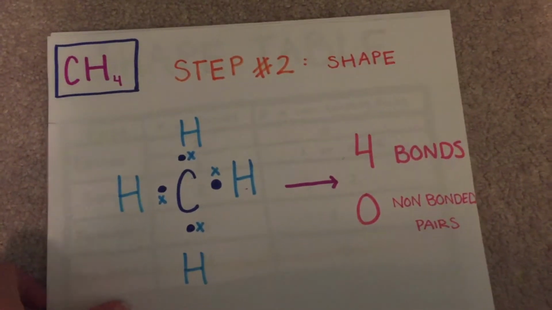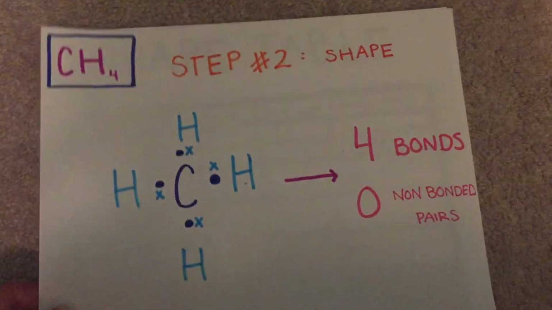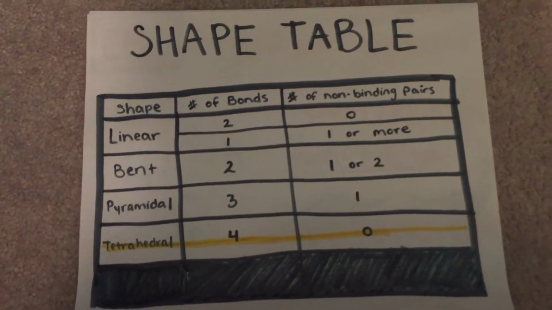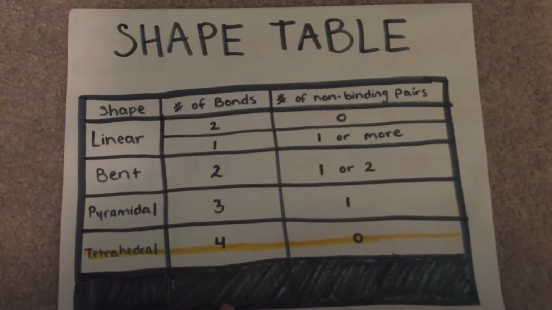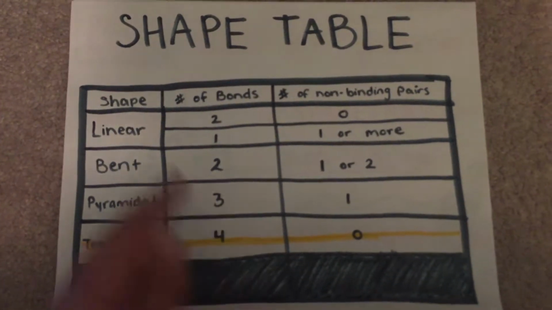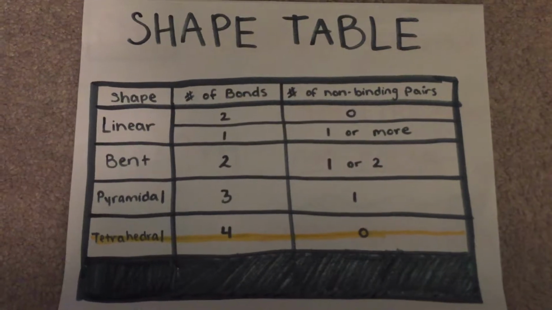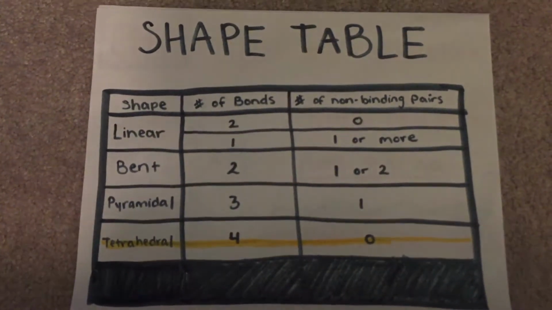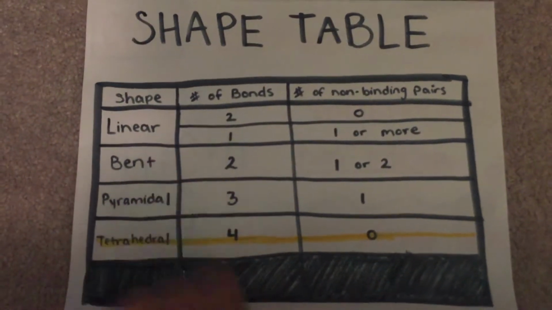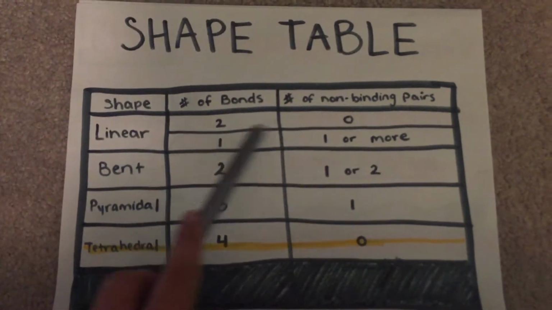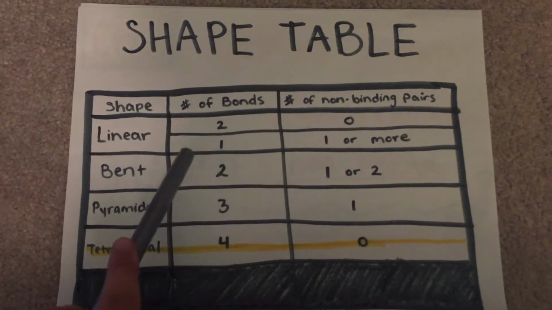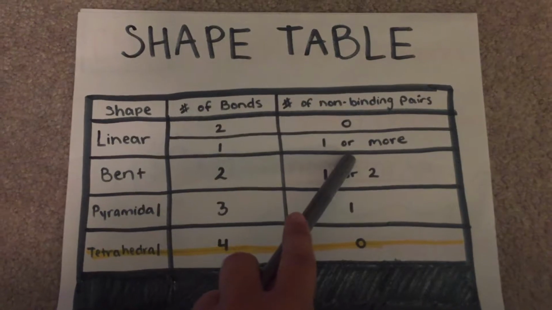The next part of this process is to use these numbers and look at our shape table to determine the actual shape. This is the table that lists the different shapes and the corresponding number of bonds and non-bonding pairs. Linear would have 2 bonds and 0 non-bonding pairs, or 1 bond and 1 or more non-bonding pairs.